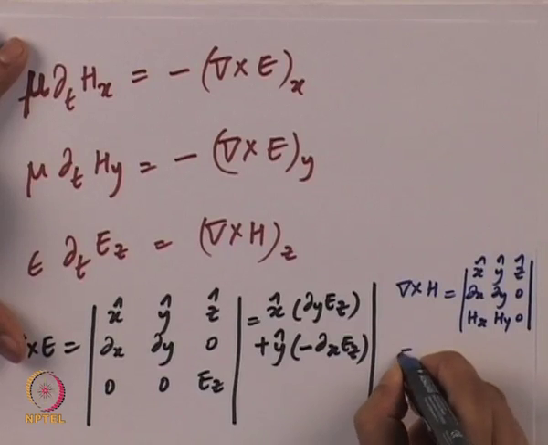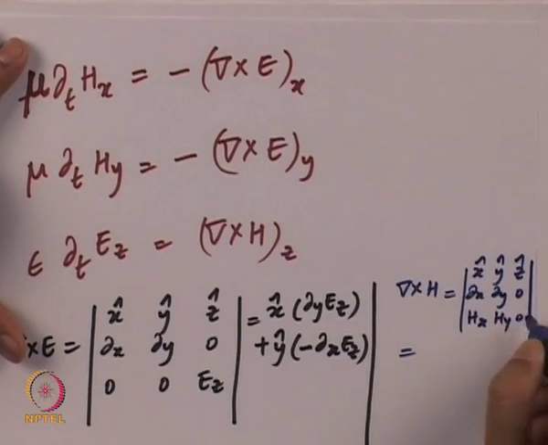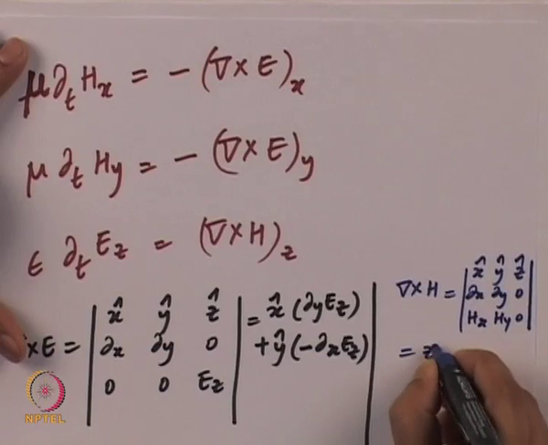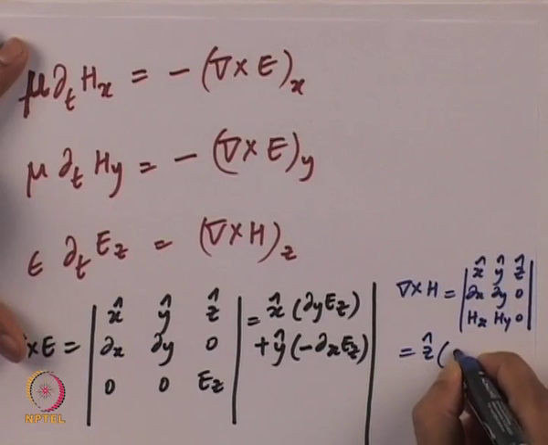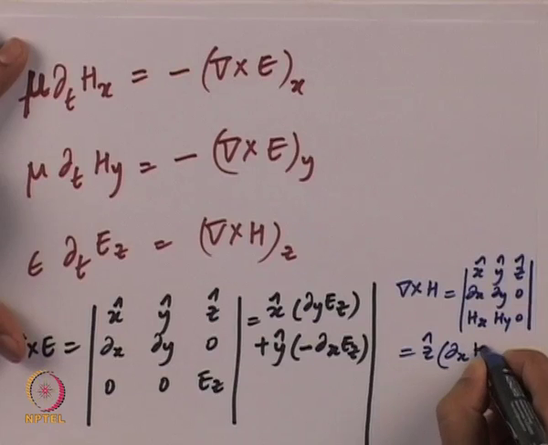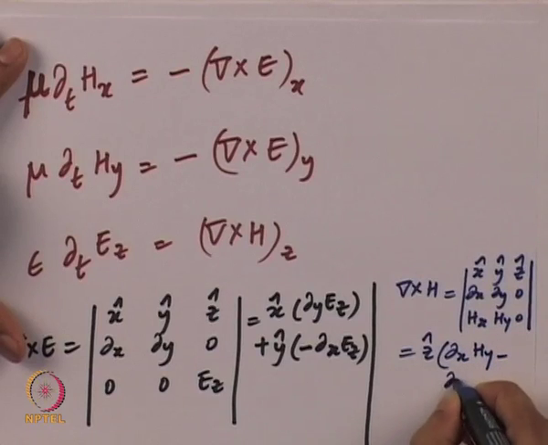When you do that, what you get is the x component will be 0, y component will be 0, you get only the z component, which is given by dou x Hy minus dou y Hx.